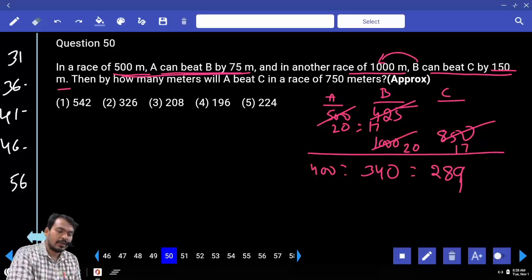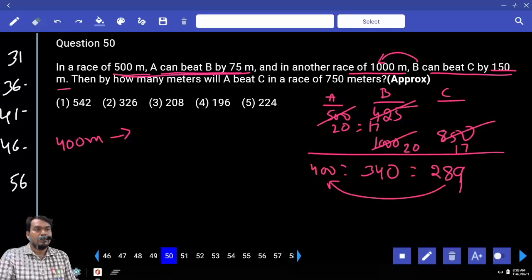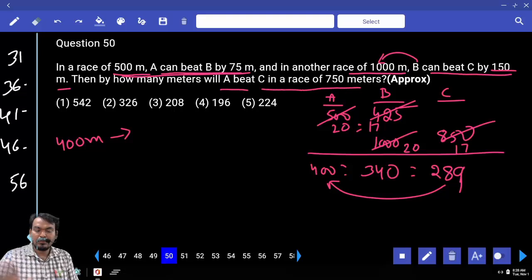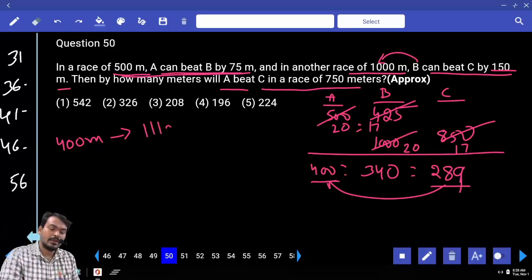If a race is 400 meters, A can beat C by how many meters? We need A beating C in a race of 750 meters. But before solving that, if A covered 400 meters, C covered 289. Means A can beat C by 111 meters.